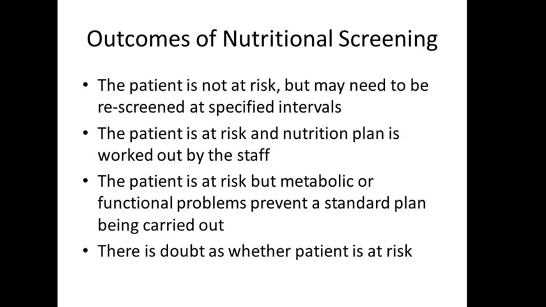And the fourth one is that there is doubt whether the patient is at risk or not. So these are some of the aspects of nutrition screening, which is very important and the first step in every hospital setting.